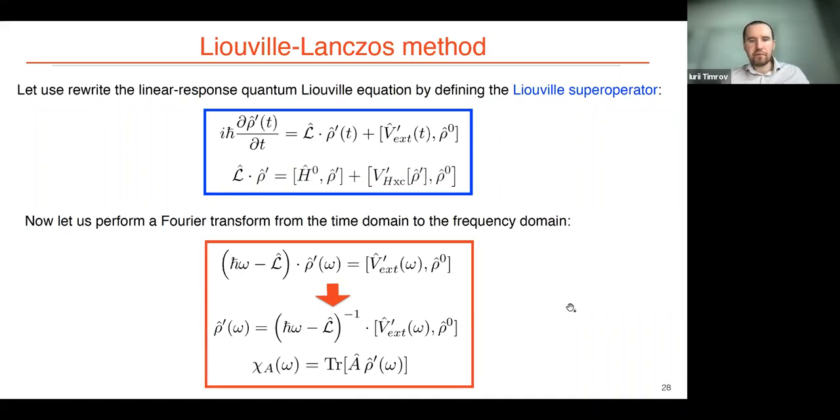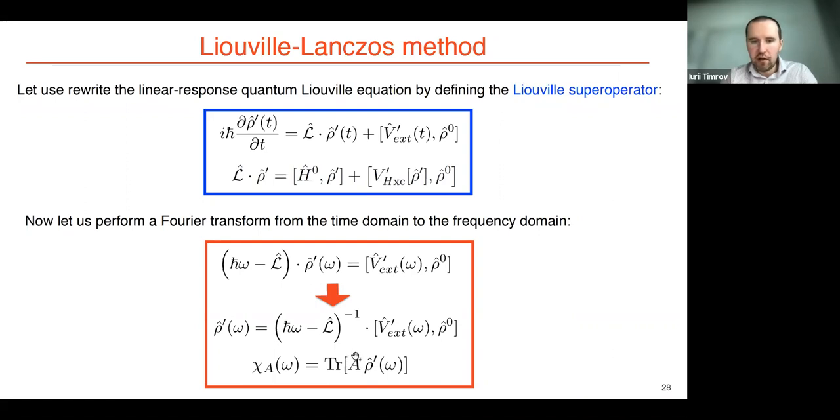And finally, by having this expression for rho prime, we can write the object of interest that we want to evaluate at the end of the day, which is chi, the susceptibility chi of omega. By definition, susceptibility is the trace of the operator A with the response density matrix operator rho hat prime. A is a quantum mechanical one-electron Hermitian operator.